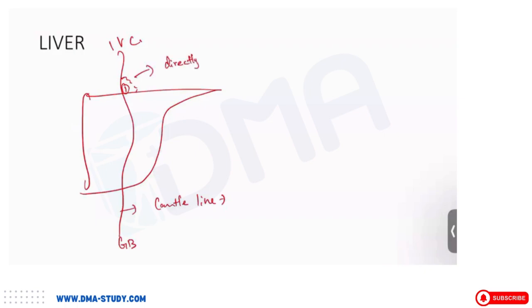That's why hypertrophy of the first lobe, the caudate lobe, is seen in which syndrome? Very important. It is seen in Budd-Chiari syndrome. Then the first one is the caudate lobe.